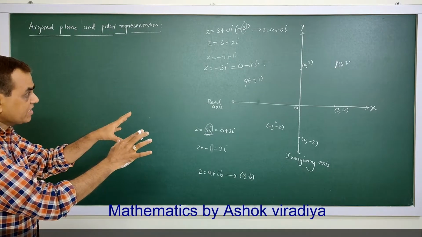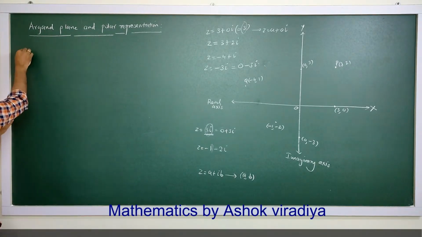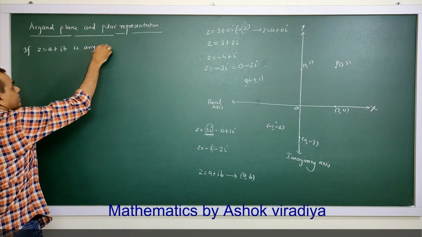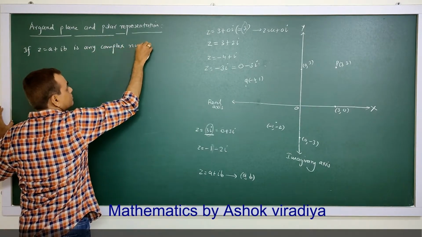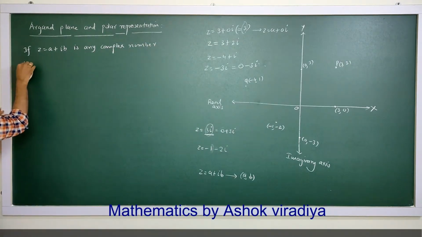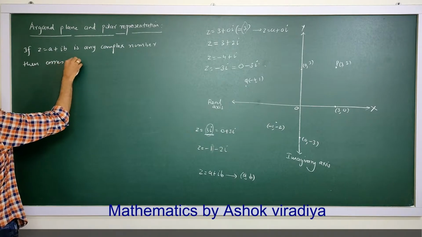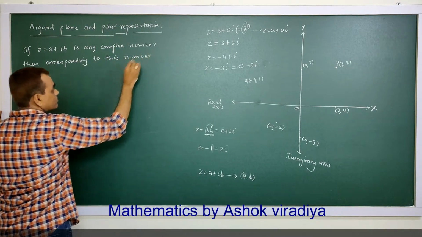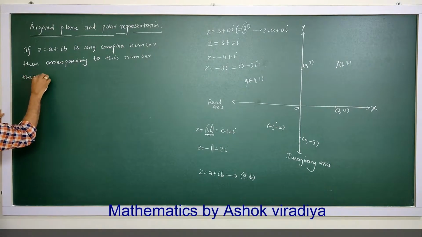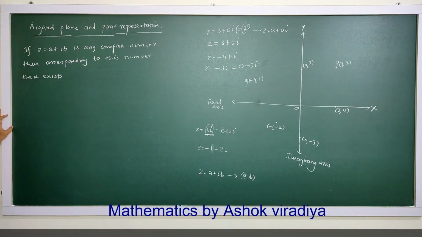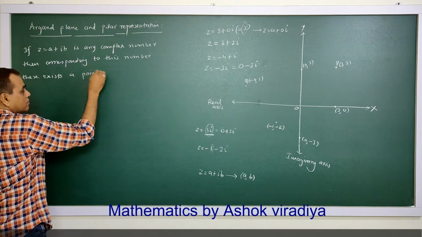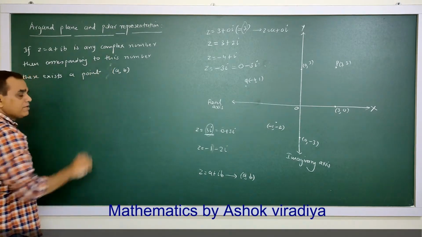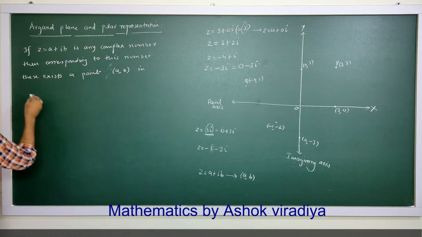So putting everything in general, if z is equal to a plus ib is any complex number, then corresponding to this complex number, there exists a point P(a, b), or simply point a, in the coordinate plane.